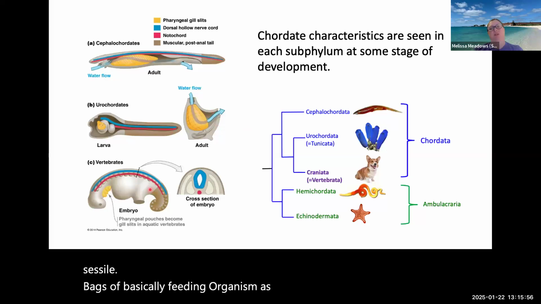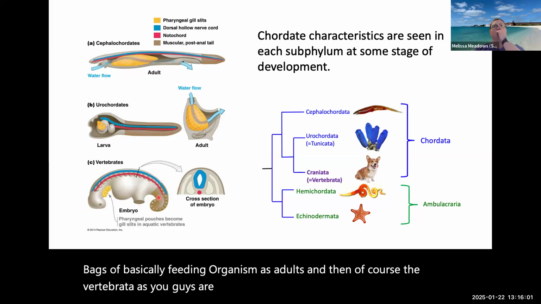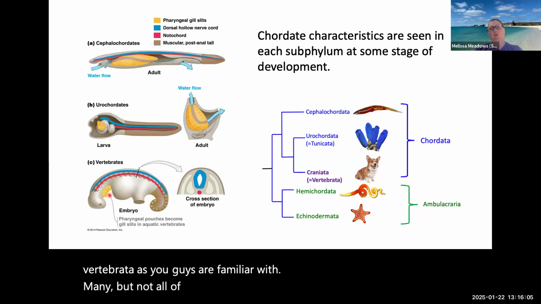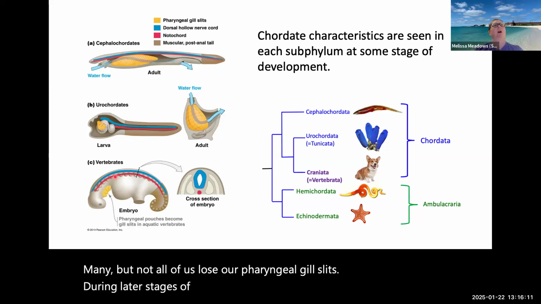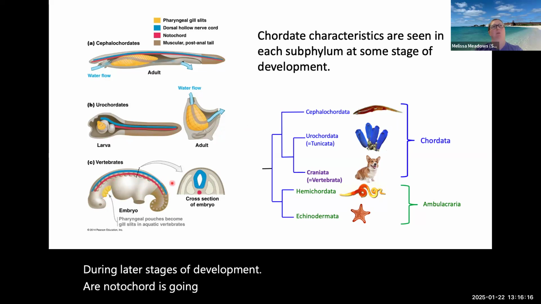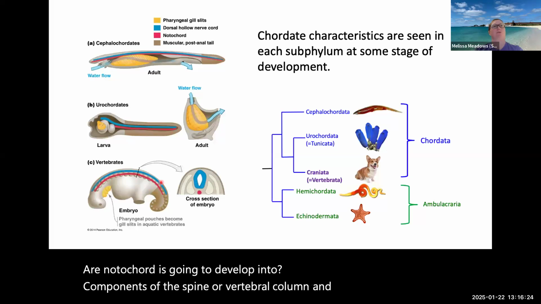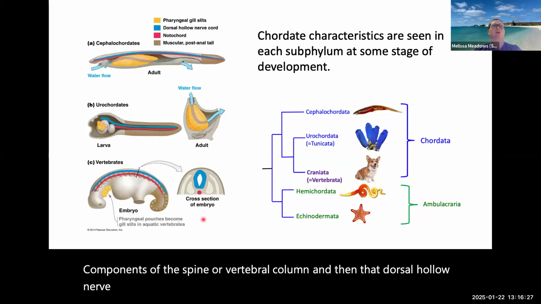And then, of course, the vertebrata, as you guys are familiar with, many but not all of us lose our pharyngeal gill slits during later stages of development. Our notochord is going to develop into components of the spine or vertebral column, and then that dorsal hollow nerve cord is going to remain in adults.